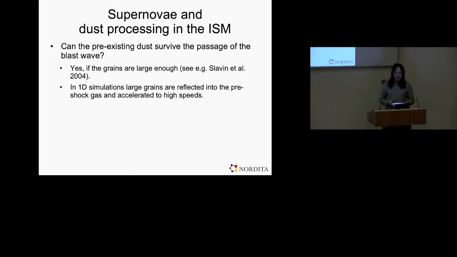Especially when it comes to sputtering, large grains tend to survive, while small grains are sputtered away. But it also depends a little bit on whether the grains are decoupling from the gas or not. 1D simulations tend to say that the grains end up in front of the shock, or are thrown forward, basically reflected.